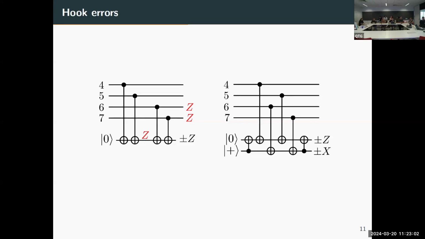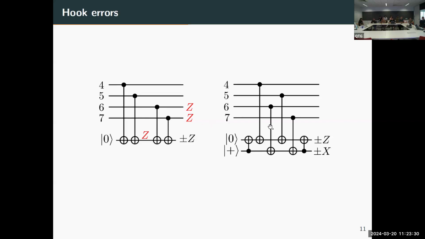Yeah, okay. I just observed that. It was a little bit of a joke, saying what's a hook error, in that maybe not everyone knows. Although that kind of error was the main object of study in fault tolerant circuits from the mid-90s, it didn't seem to attract the name hook error until much more recently. Anyway, it's a circuit-level error. We assume that stabilizer measurements are faulty, and so we should worry about these.